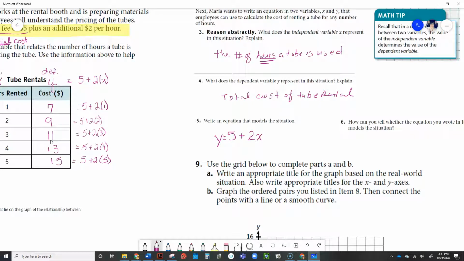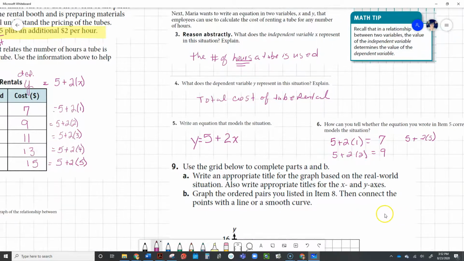So we can say 5 plus 2 times 1 gives me 7. 5 plus 2 times 2 gives me 9. And I'm plugging in 1 hour should cost 7. So I'm plugging in the number of hours. 5 plus 2 times 5. That gives me 15.